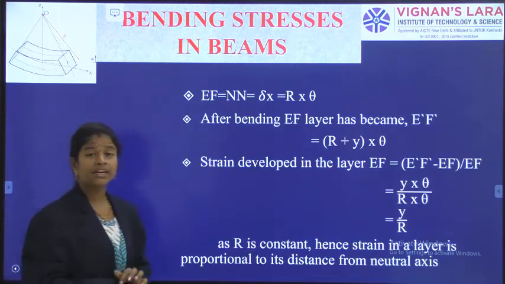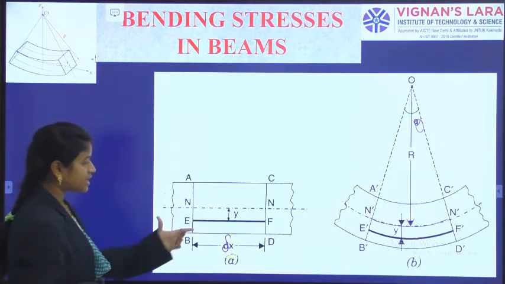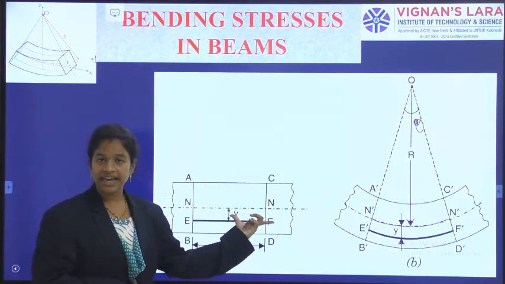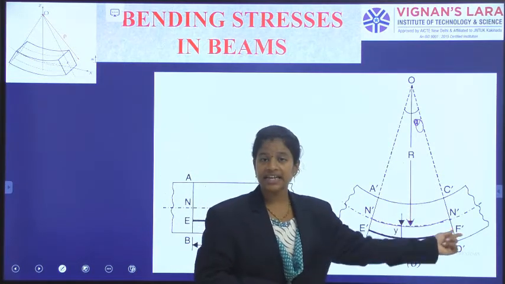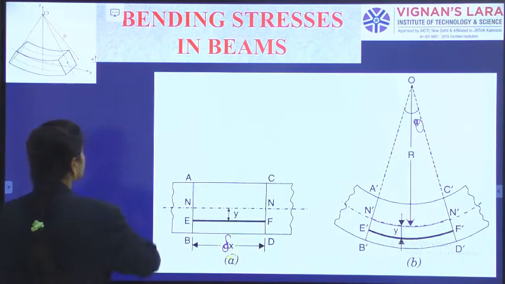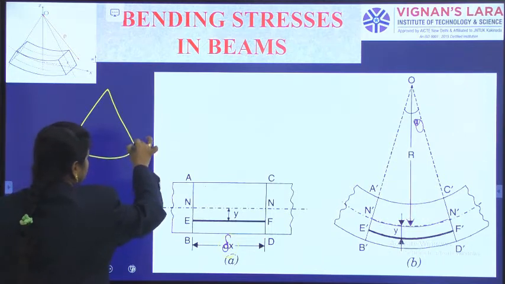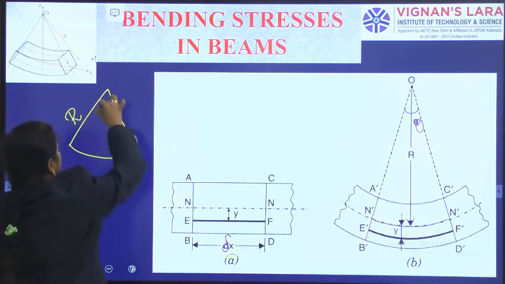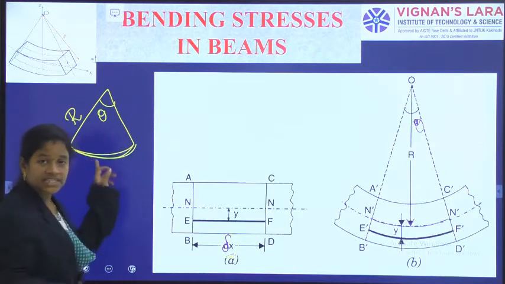But what is happening to the structure? This is the original NN, and after bending I have observed it as N dash. As it is a circular condition, as we already know, an arc with radius r and subtended angle theta, what is the length of this arc?